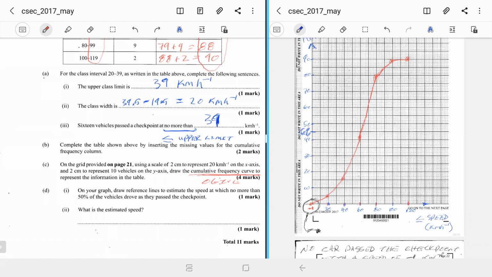You come across on the graph, and it's going to tell you the speed. You read it down. Looks like right here, a perfect value, an exact value of 60. That's 60 kilometers per hour.